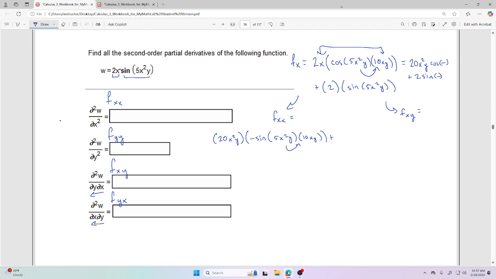Plus, now I'm only looking at this first chunk. Now I take the derivative of this piece over here, which is actually not 20 anymore. Very good. 40xy, and then I have my cosine. I leave that alone. I don't like the parentheses around.